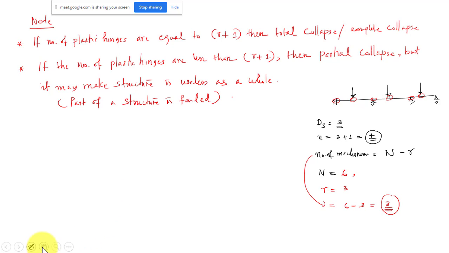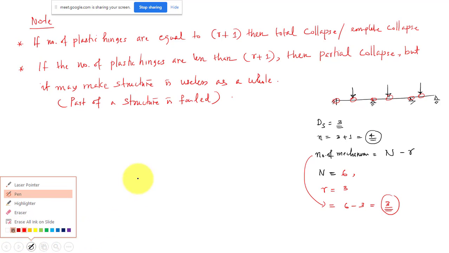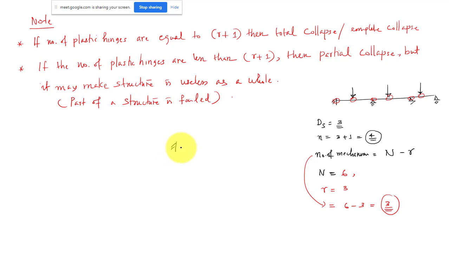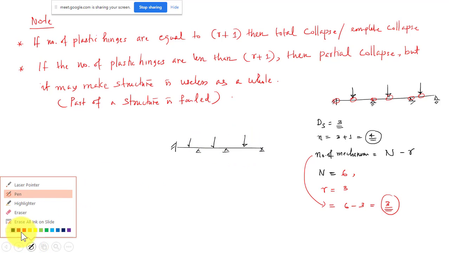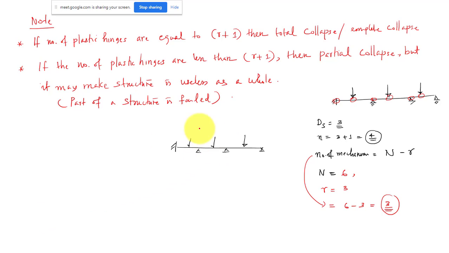What are the 3 independent mechanisms here? The first one is a beam mechanism that may form in the first span. It is possible; this span will collapse.